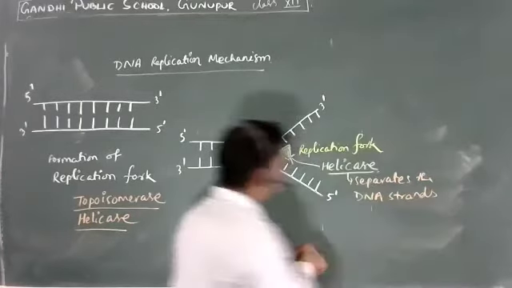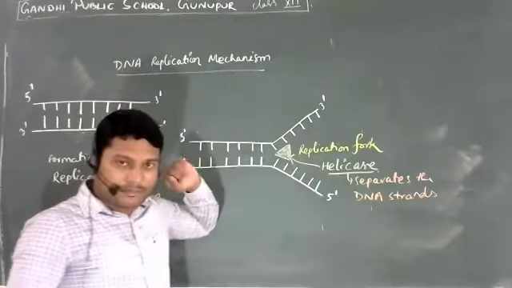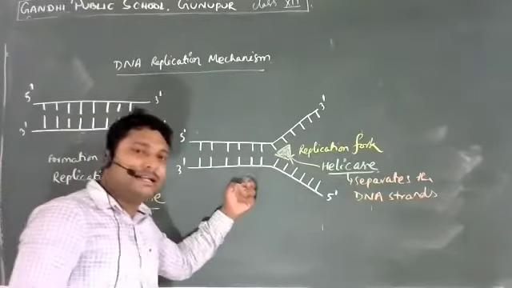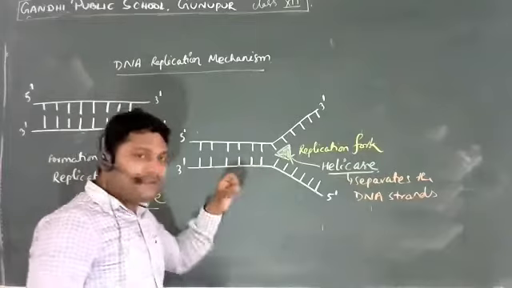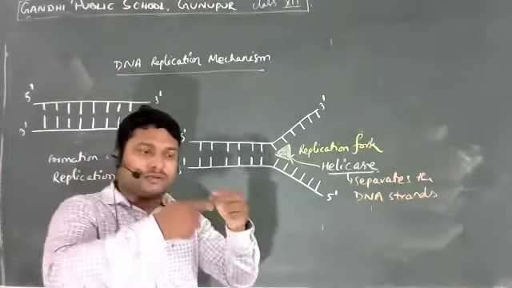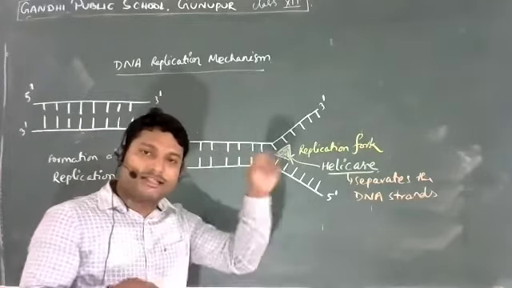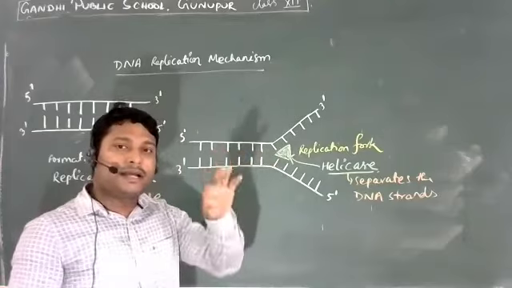It breaks the bonds and separates the DNA strands, thereby opening it up. Now, as I said, because the DNA is supercoiled, when we open it up there is going to be a lot of torsional strain, right? The two DNA strands are intertwined, and when we open it up, on one side, as I showed, there is going to be a lot of strain.